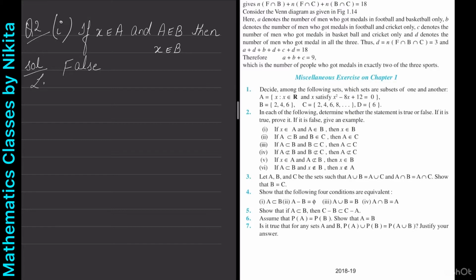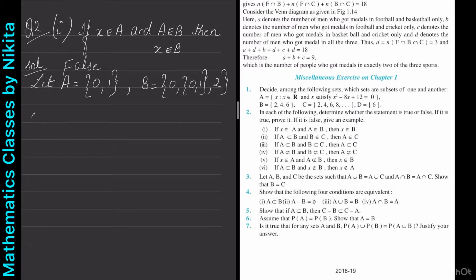So let A be equal to, so I am starting with the simplest of the set, say {0, 1}. Now you want to construct the set B in such a way that A is an element of B. So therefore, suppose B is equal to {0, {0, 1}, 2}.